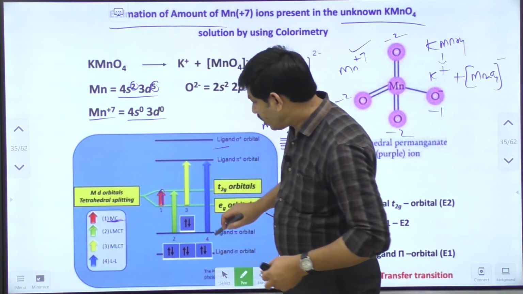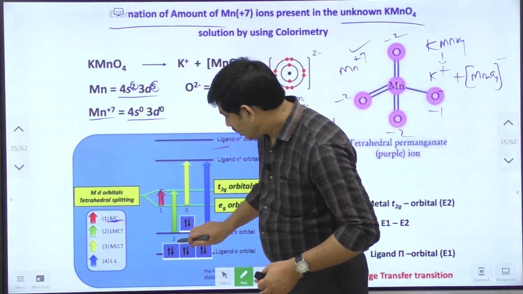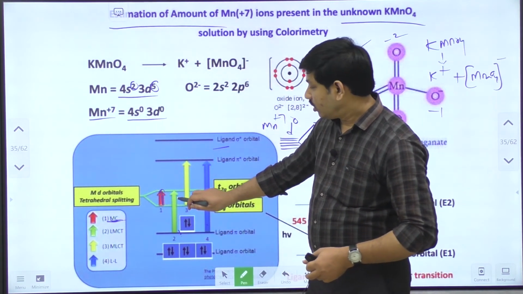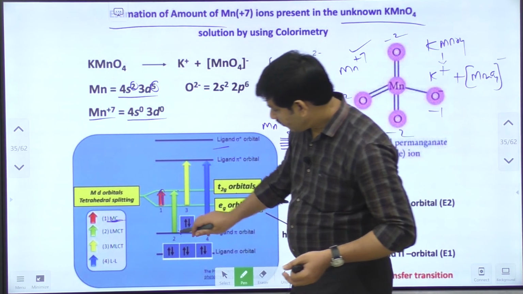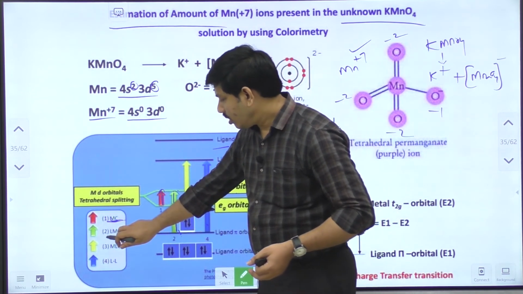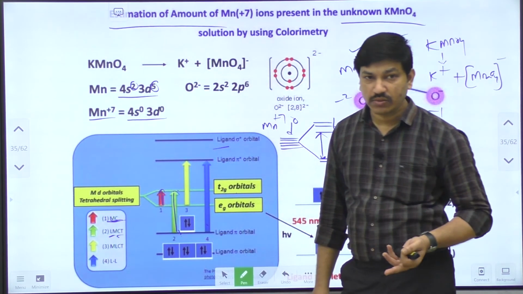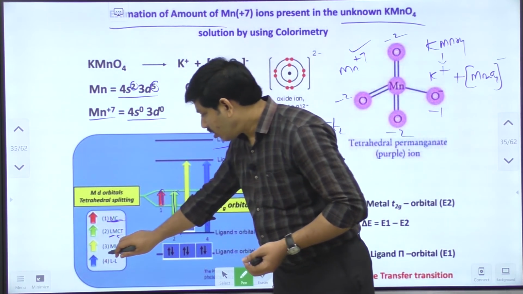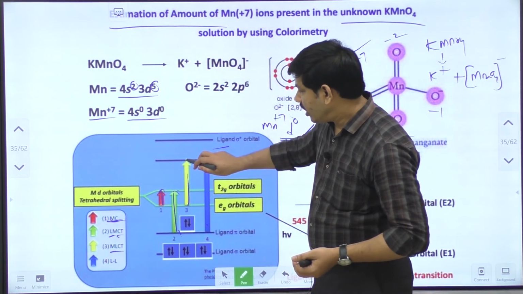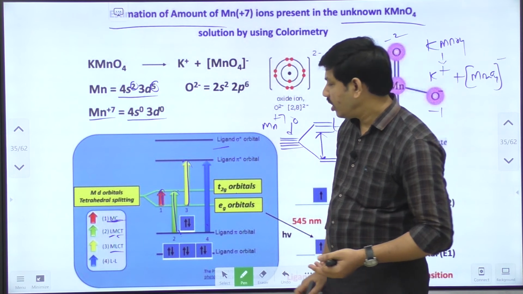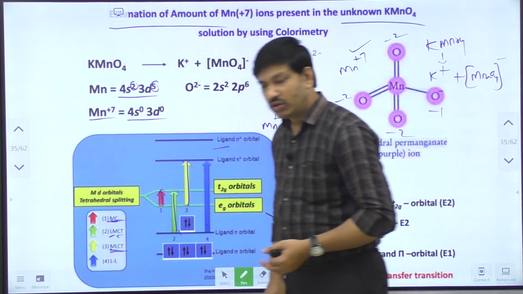The second one, the green one. These are the ligand orbital levels, and these are the metal orbital levels. From ligand to metal charge transfer is possible. And the third one also, from metal to ligand, charge transfer is possible.